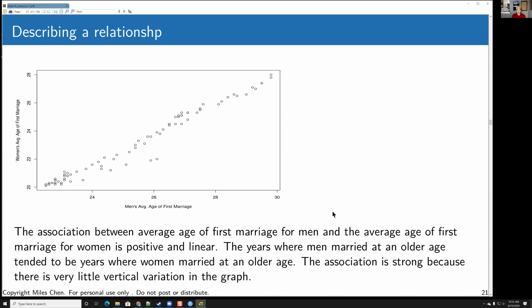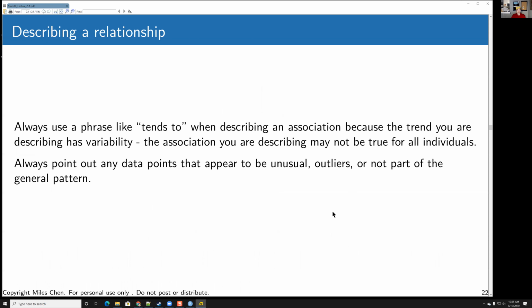All right, so this is what we have, okay? It's important that when we describe relationships, we use phrases like "tends to" or "in general," because anytime we describe some kind of relationship, there's variability, right?